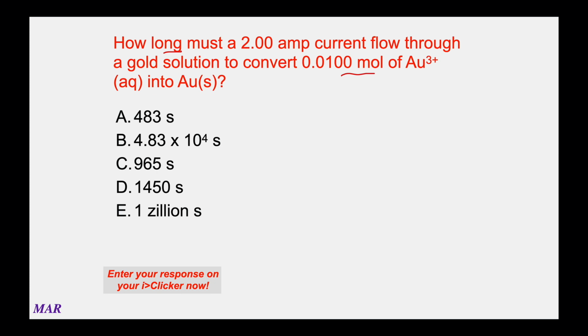Then the Faraday constant says that you have 96,485 coulombs per mole of electrons, so it allows you to go from moles of electrons to coulombs. And then finally that amp up there, the amps stand for coulombs per second, so if you divide by 2.00 coulombs per 1 second, you're going to get an answer out in seconds.